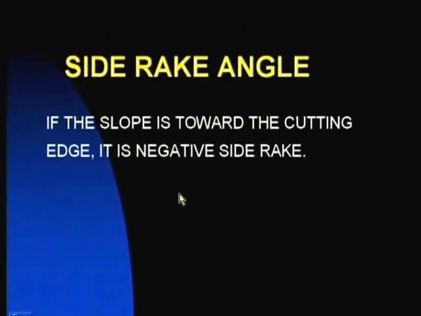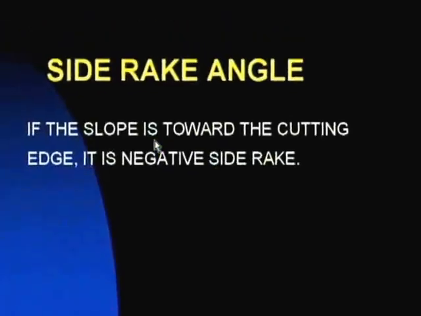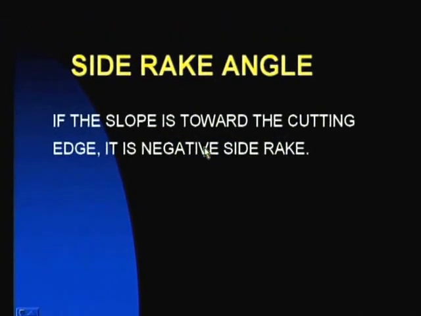Now some more points about the side rake angles. As in the case of back rakes, side rake may be a positive side rake or a negative side rake. If the slope is towards the cutting edge, it is a negative side rake. The slope may also be away from the cutting edge. Cutting edge here refers only to the side cutting edge.